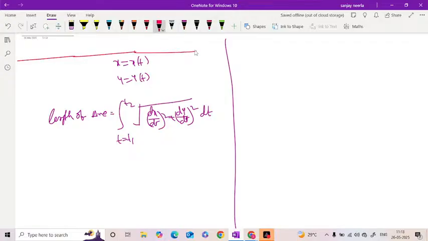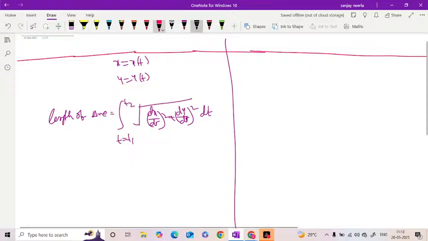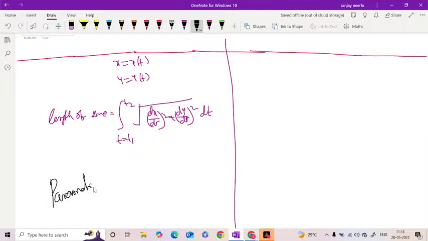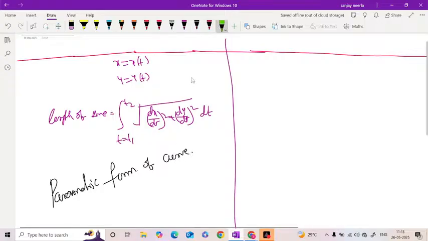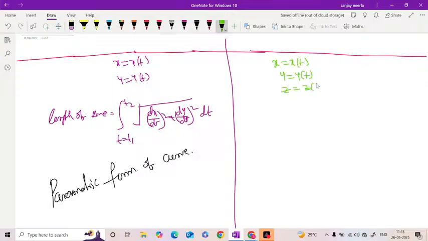Now this one I am extending to 3D. So this is the parametric representation or parametric form of a curve. Similarly, I extend the parametric form to 3D. So x is a function of t, y is a function of t and z is a function of t.